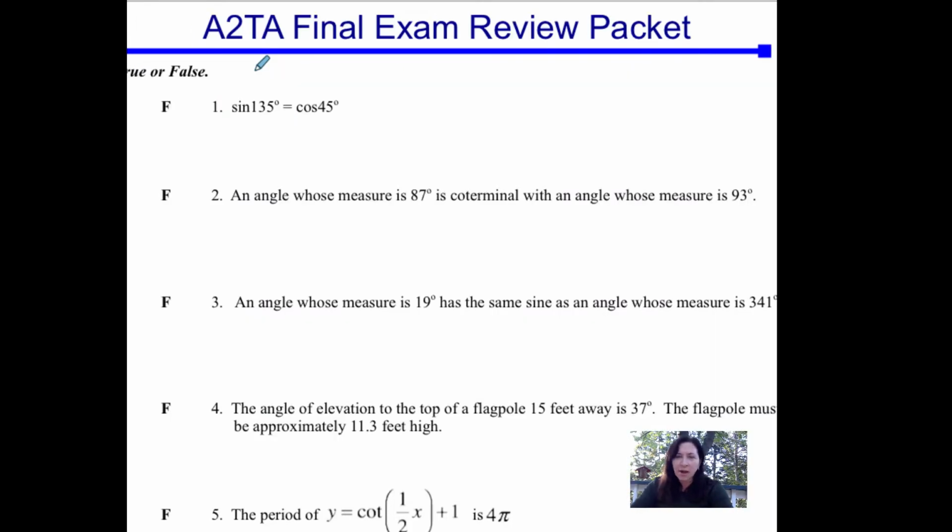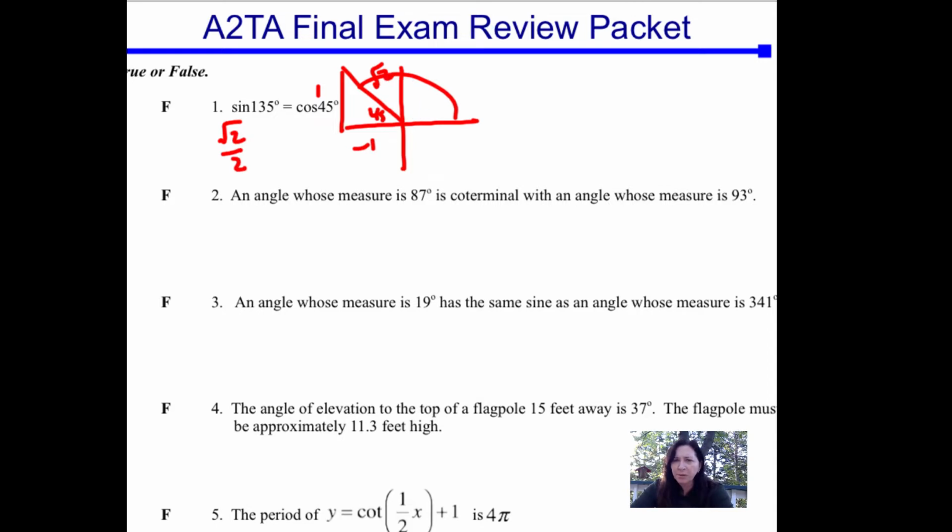First question started out with true or false, whether or not sine of 135 is equal to cosine of 45 degrees. So sine of 135 degrees is over here. 135 degrees gives us a 45 degree reference, sine being 1 square root of 2 because it's a 45 degree reference, sine being opposite over hypotenuse, which becomes root 2 over 2.